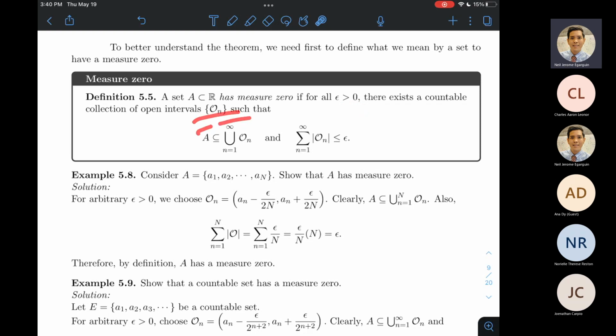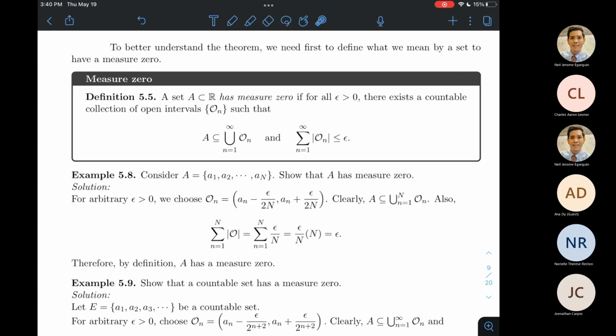Dapat lagi ka pa rin may mahanap na open intervals na makakapag-cover doon sa set na yon, such that yung sum ng mga lengths ng subintervals na yon ay hindi lalampas doon sa budget na epsilon na binigay ko sa'yo. So that means a set is of measure zero if it can be covered by arbitrarily small open intervals. Saka siya magiging measure zero.